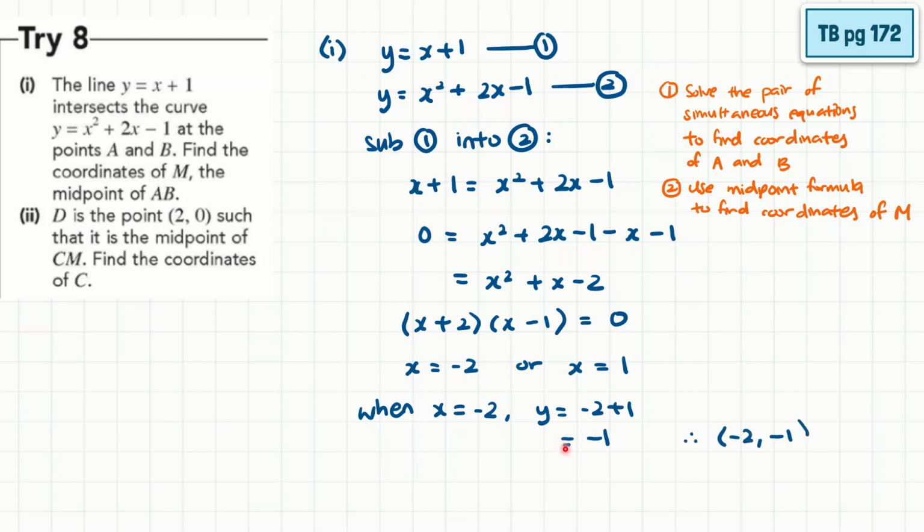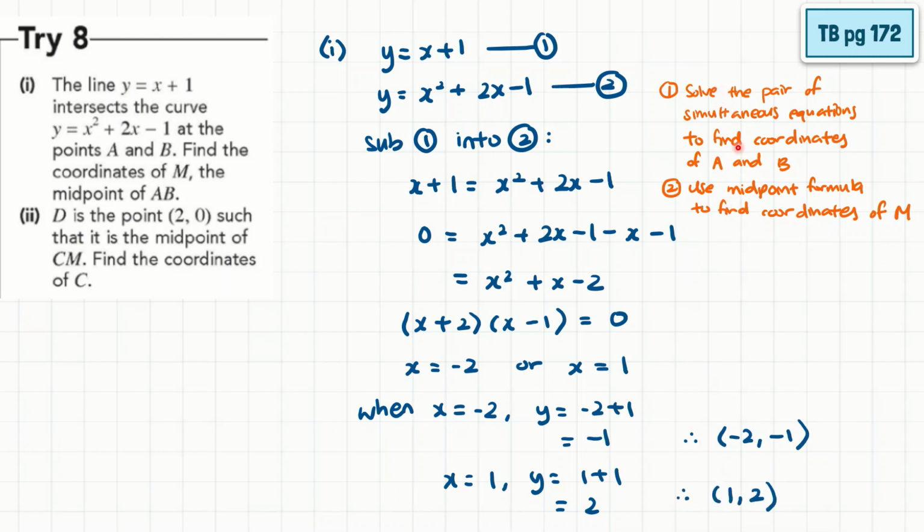And then I will say that one of the coordinates will be negative 2, negative 1. As I mentioned, it doesn't matter which one is A, which one is B. They are just arbitrary. So next, I will then substitute x equals to 1 into my first equation, and I get y to be equals to 2. And therefore, my other coordinate will be 1, 2.